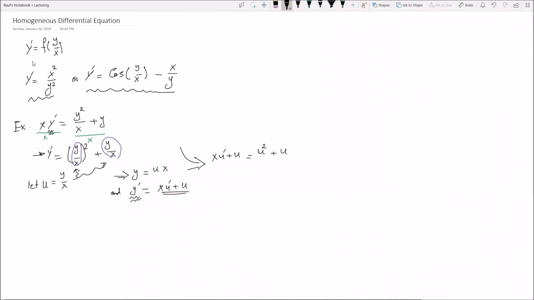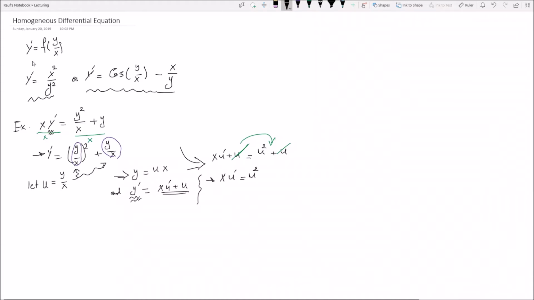This results in having u on both sides of the equation, so u from both sides will be eliminated. If we move u to the right side it will be minus u, and u minus u is eliminated. So in this case, we are left with x u prime equals u squared.